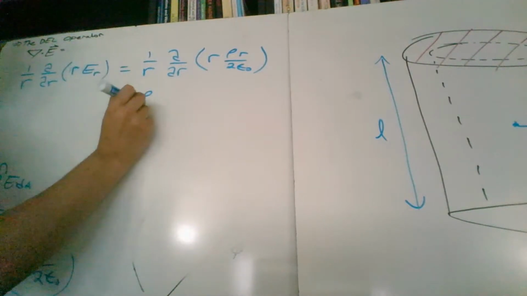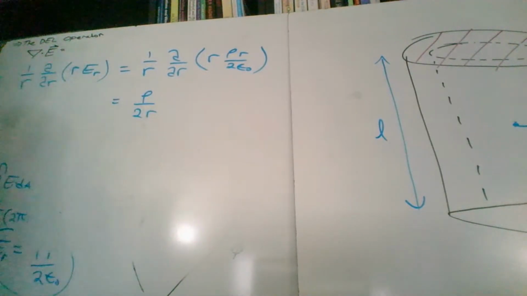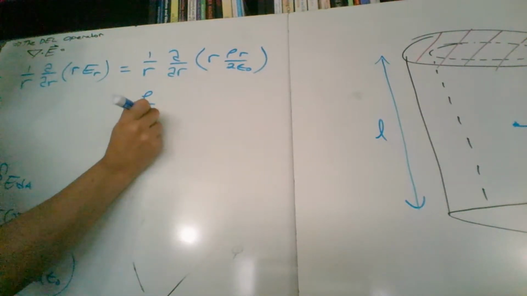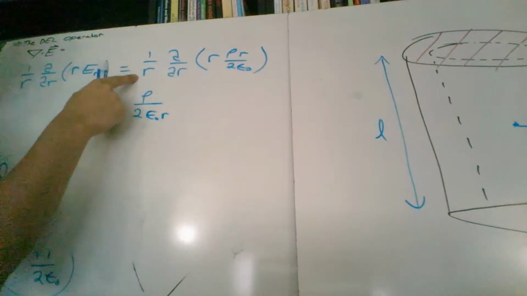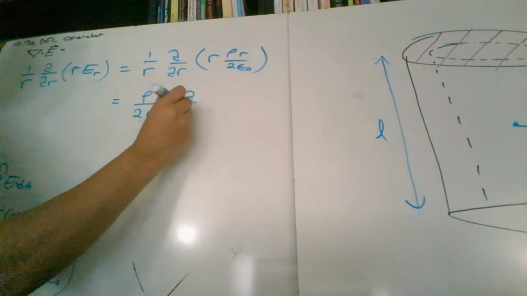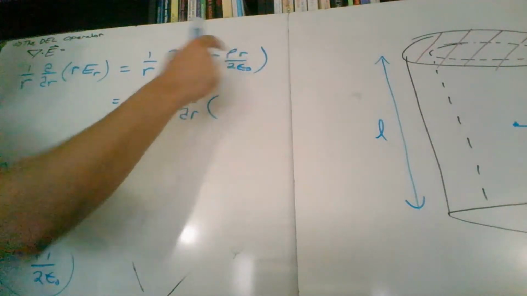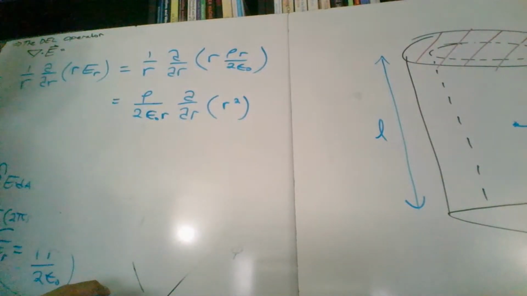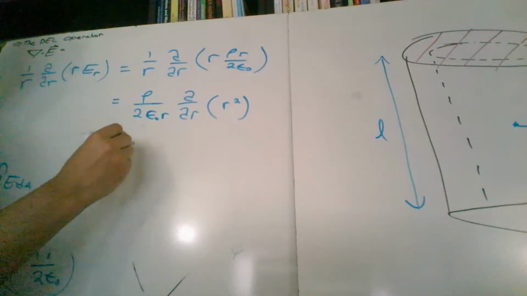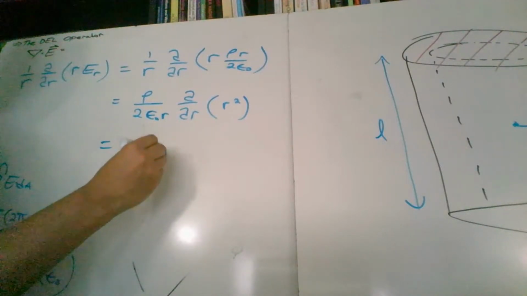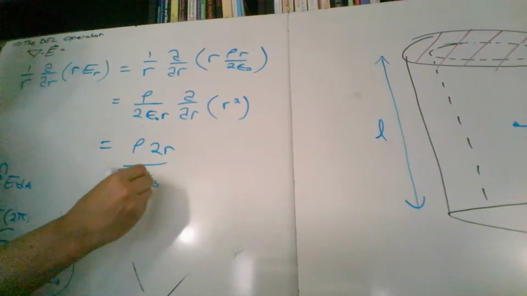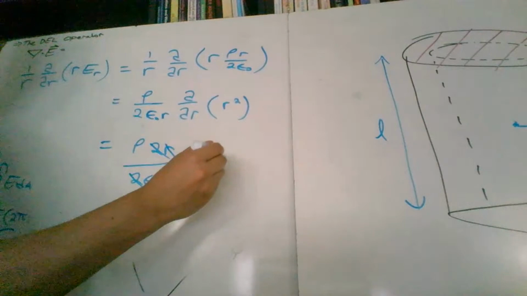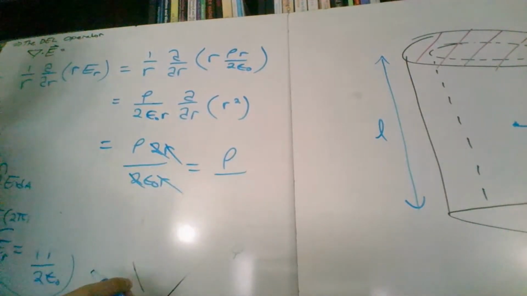So we have rho over 2 epsilon naught r on the outside, and then we're just left with d/dr of r times r, which becomes r squared. And the derivative of r squared is 2 times r. So you end up with rho times 2 times r over 2 epsilon naught r. And look at that. The r's cancel out, the 2's cancel out, and we get what we said the divergence theorem would be equal to.